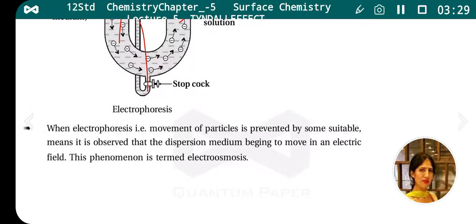When the movement of particles in electrophoresis is prevented by some suitable means, it is observed that the dispersion medium begins to move in an electric field. To stop the precipitation and aggregation of colloidal particles, you can stop it by certain means, by adding something to it.